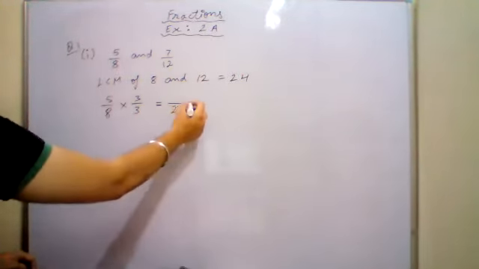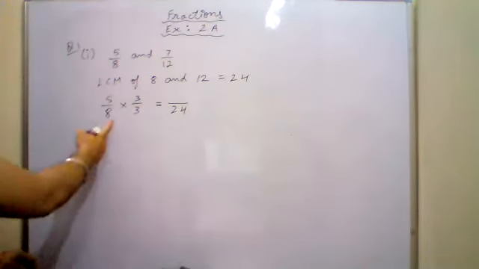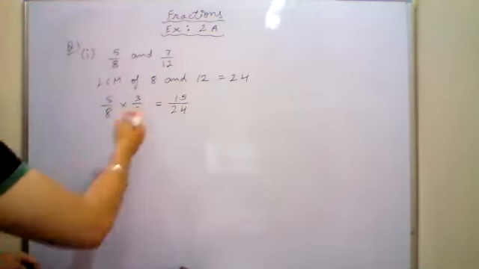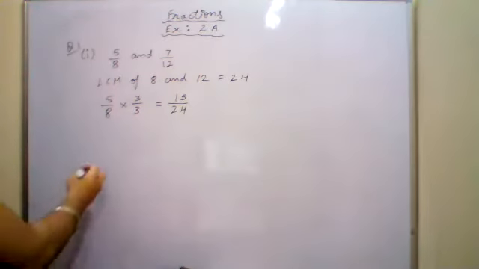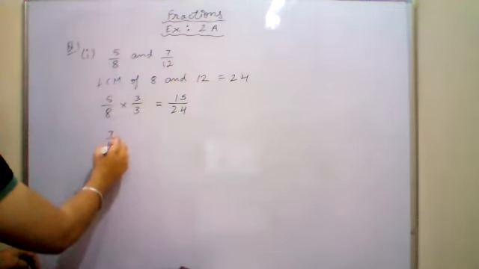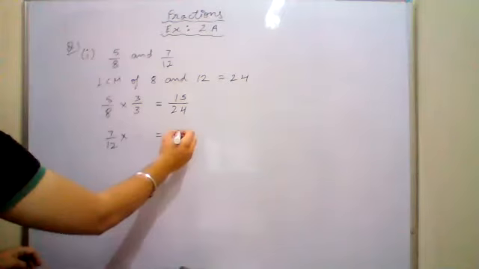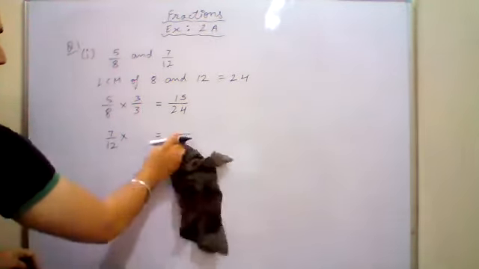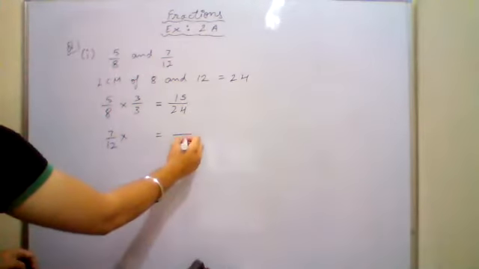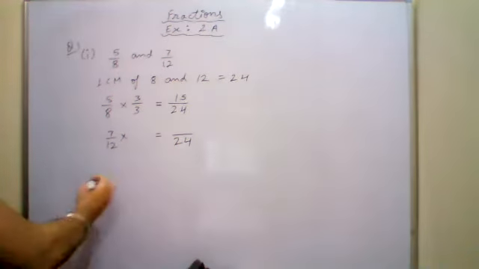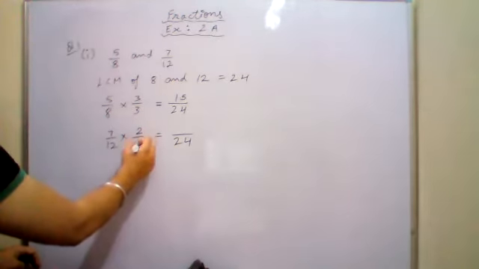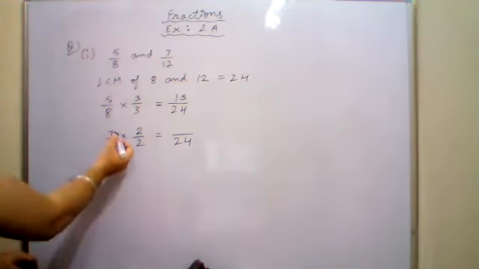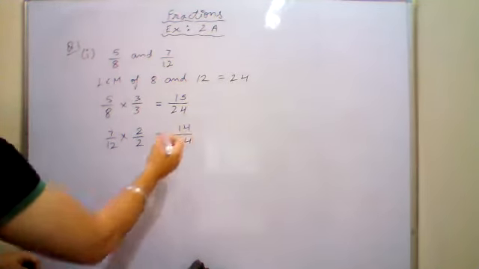Am I right or not? 8 into 3 is 24, and 5 into 3 is 15. Second one, 7/12 into what, the denominator will become again 24. कौन से नंबर से मल्टीप्लाई करें? I think we should multiply by 2/2. 12 into 2 is 24, and 7 into 2 is 14.